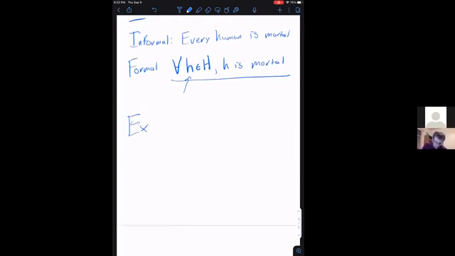So find a counterexample to, for all X in the real numbers, X squared is greater than or equal to X. The thing about proving something is when you prove it, it has to be true no matter what.